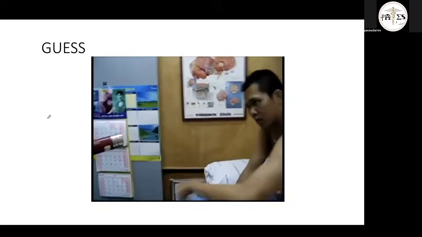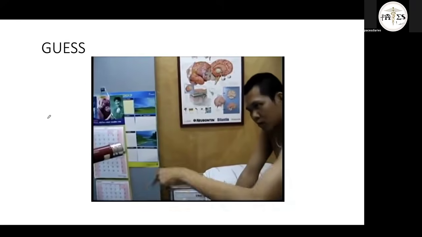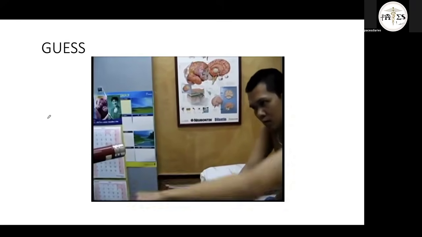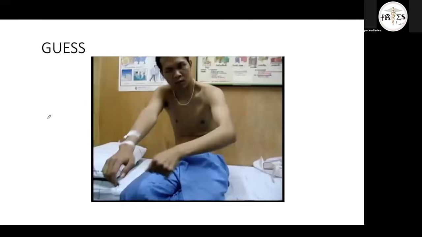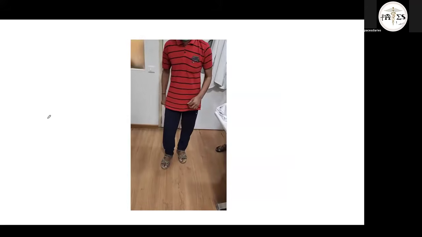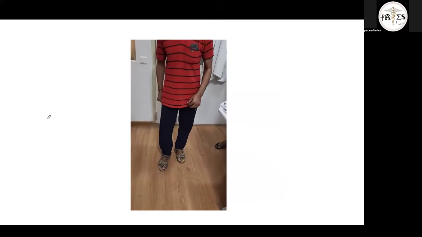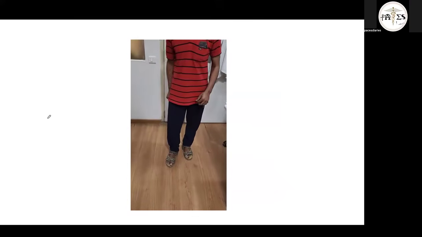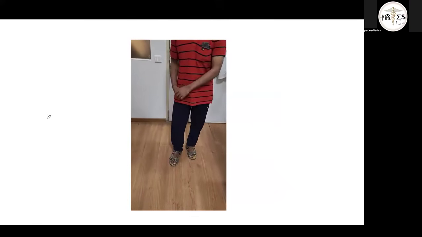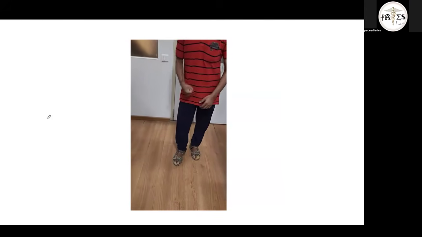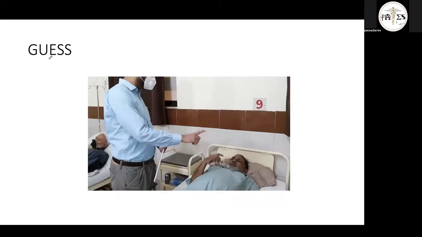Any idea what this is? Again, see here, a high amplitude, high flying tremor. This is Holmes midbrain tremor or a rubral tremor.